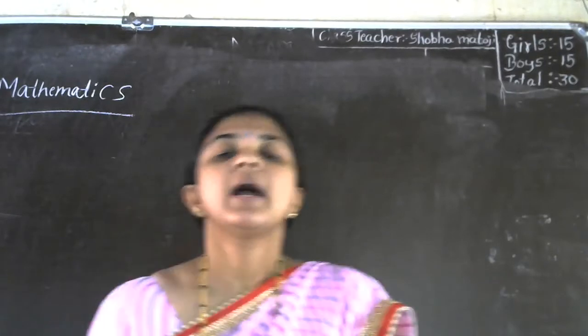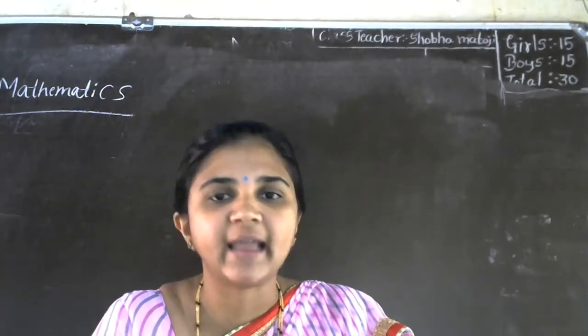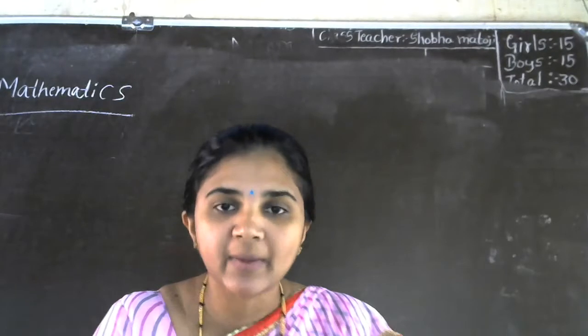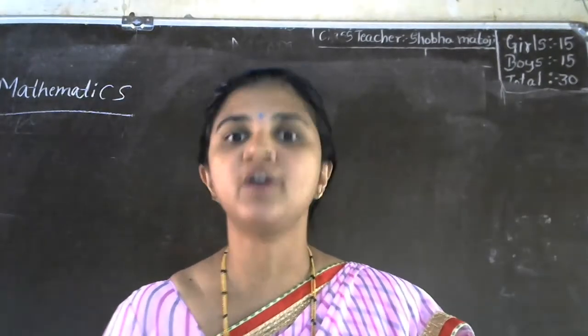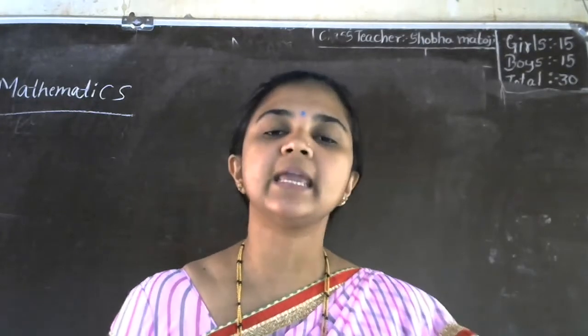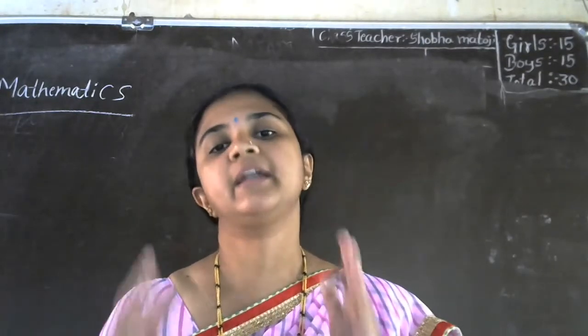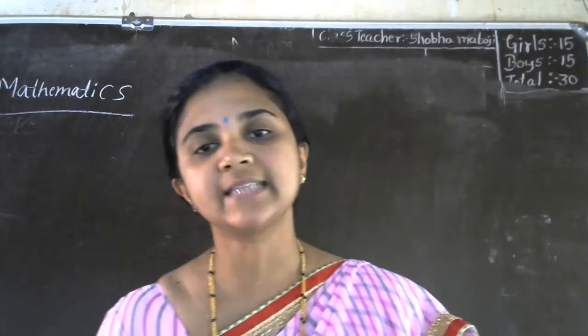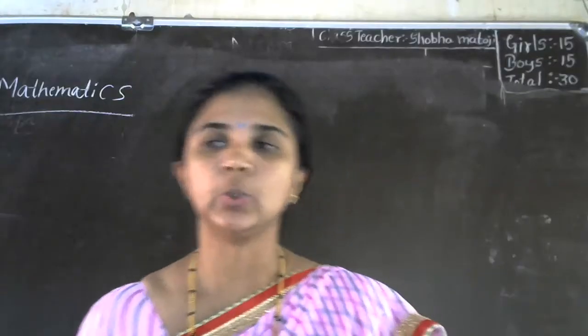Last year we have studied, correct, no? So the equation which has variable degree 1 and has two variables is called linear equations in two variables.